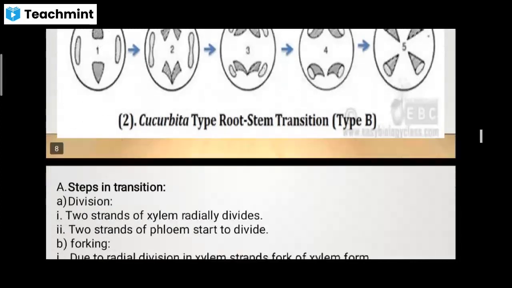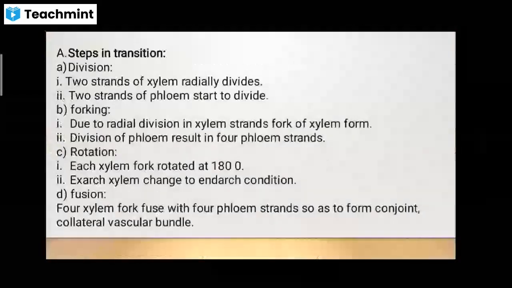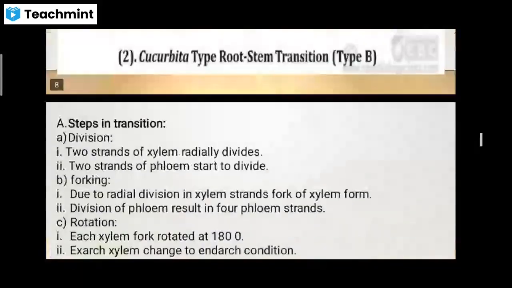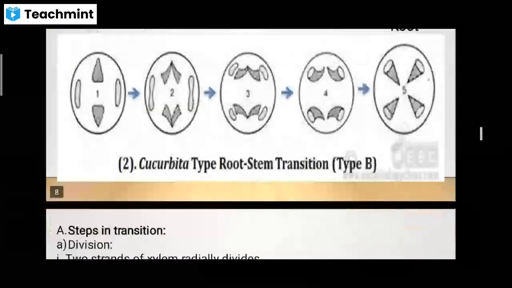Then there is the fifth stage, or here the fourth stage, the fusion stage. In fusion, again the four xylem forks fuse with the four phloem strands, and due to this fusion, the conjoint lateral vascular bundles are formed. So look here, figure 5.